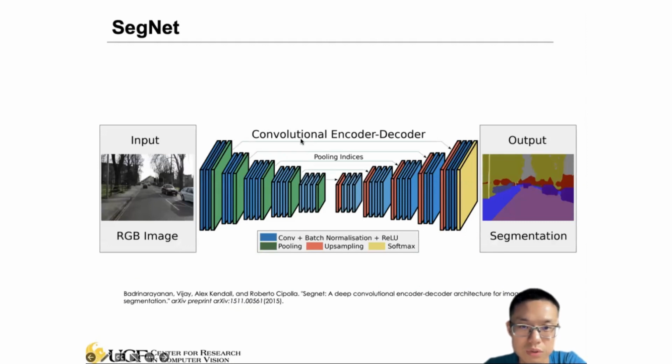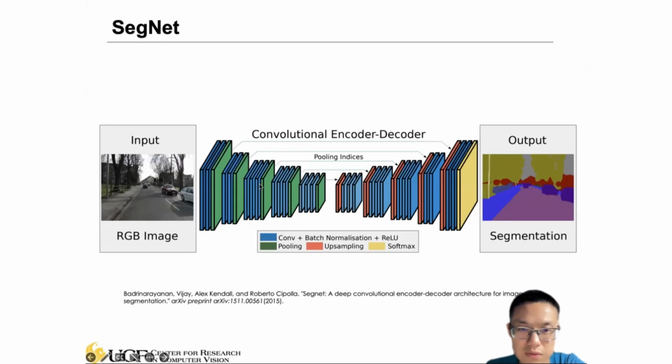Another way, which is kind of the default or de facto framework now for semantic segmentation, is the encoder-decoder structure. The encoder is nothing but a CNN. You have the normal conv layers, pooling layers, and maybe batch norm and some nonlinear activation layers.